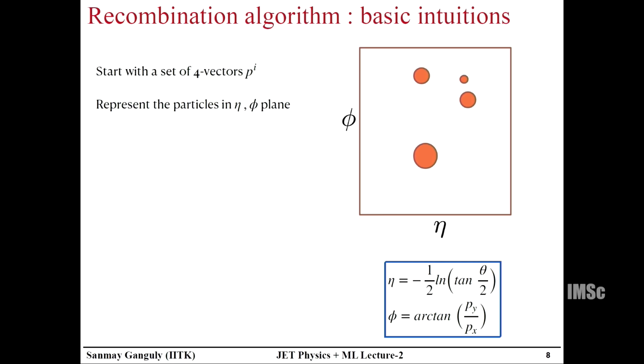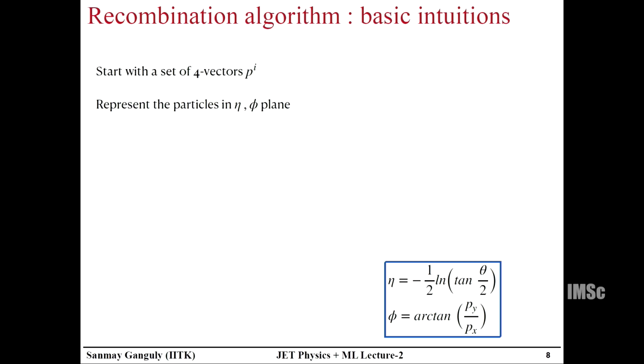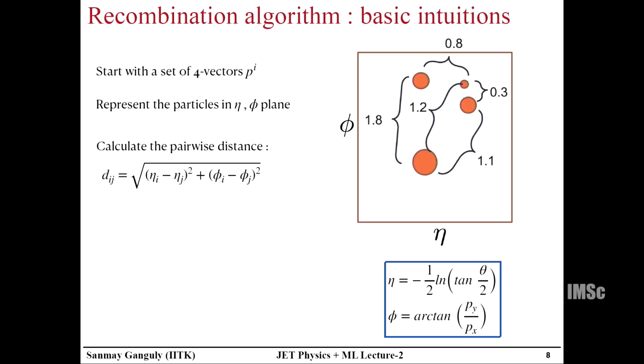Right. Now, given some particles, and in this cartoon the blob sizes are proportional to their energy, we first construct, for every pair, a distance, which is the Euclidean distance in this 2D plane of eta and phi. So every pair has an associated number. Let's assign some numbers to this cartoon picture.